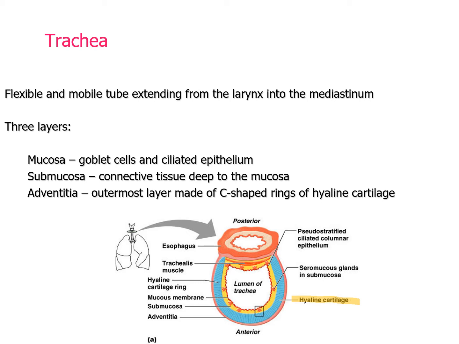There are 3 layers, going from the innermost layer, which is the mucosa or mucosal epithelium, which is a ciliated epithelium. It is in fact a pseudostratified ciliated columnar epithelium.